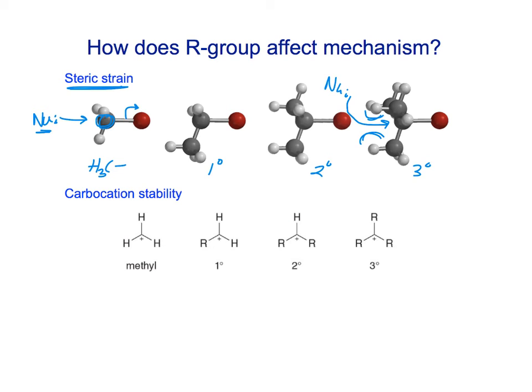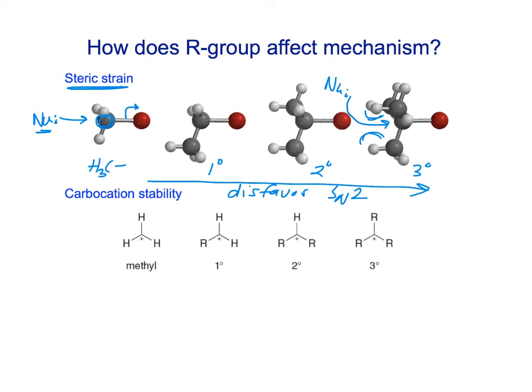So, as we increase the branching or bulk of the alkyl group, it is going to disfavor the SN2 reaction. So we go this direction, we disfavor SN2, so we're going to favor SN2 going the other direction. So methyl and primary are favored for SN2, tertiary is very much disfavored.